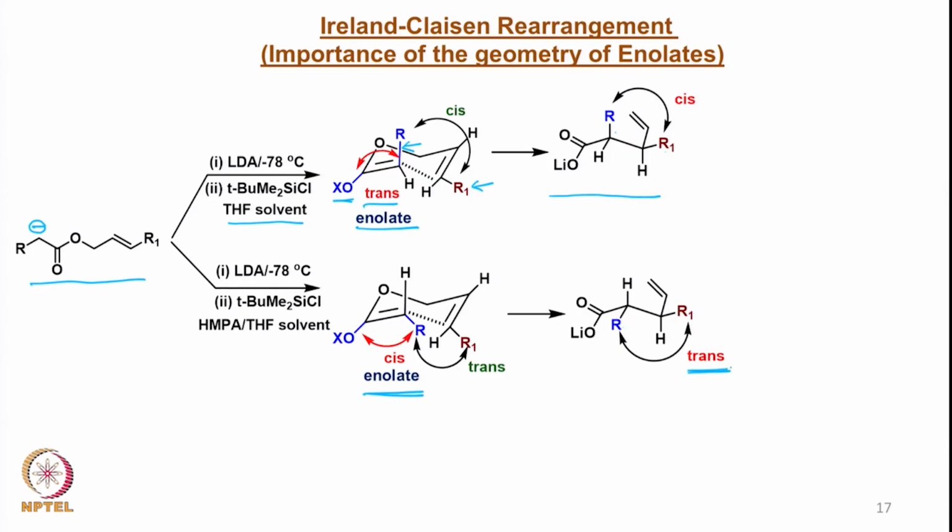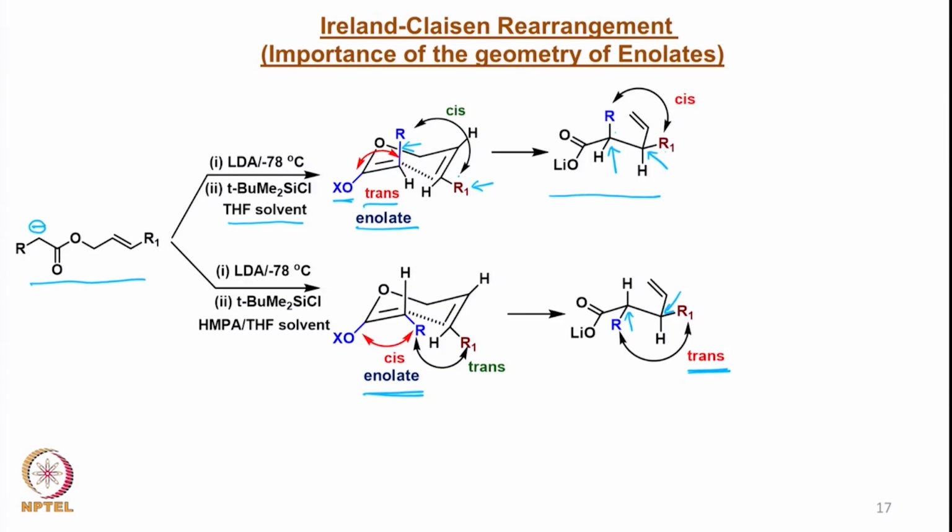So, this is basically the process in which two new asymmetric centers are being created. There is an asymmetric center here and there is an asymmetric center here. These new asymmetric centers are a consequence of the formation of the enolate, because this double bond geometry is fixed in both the cases.